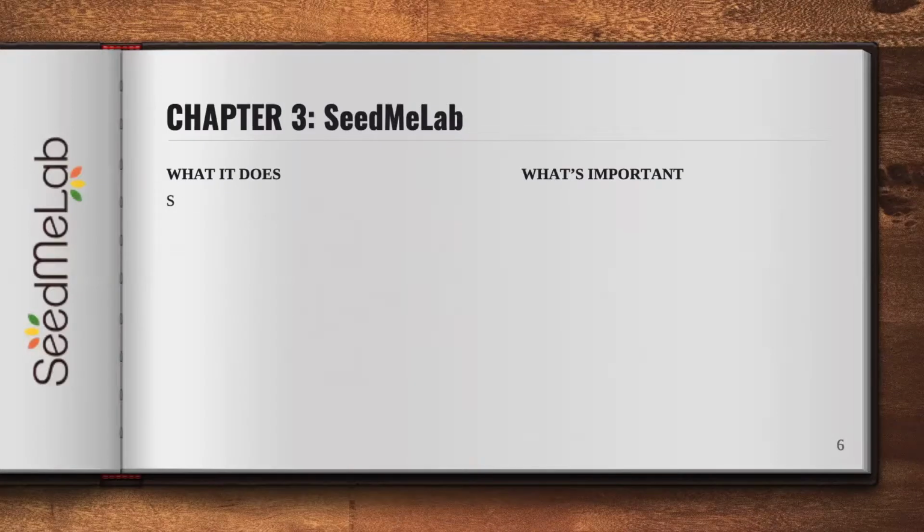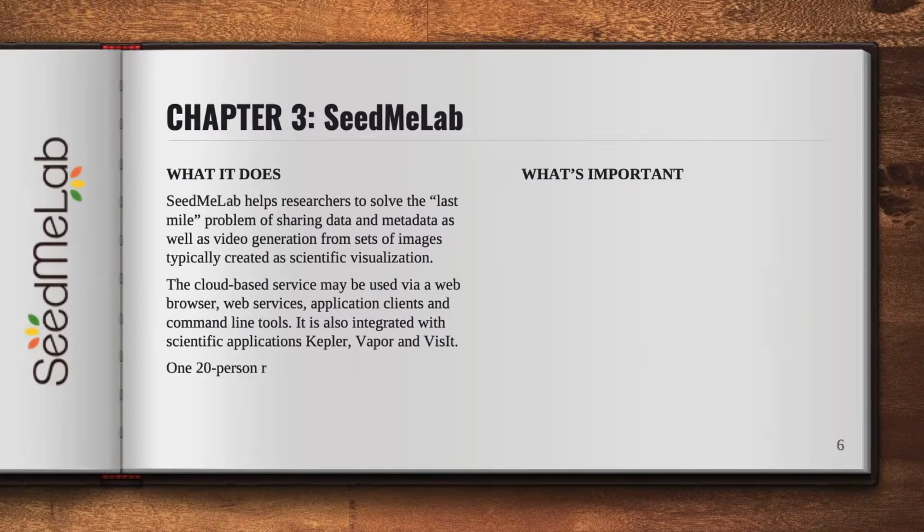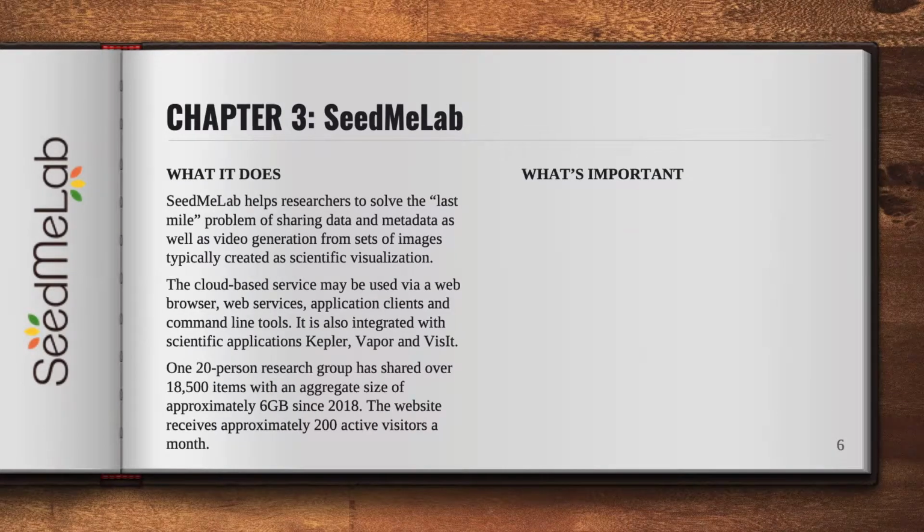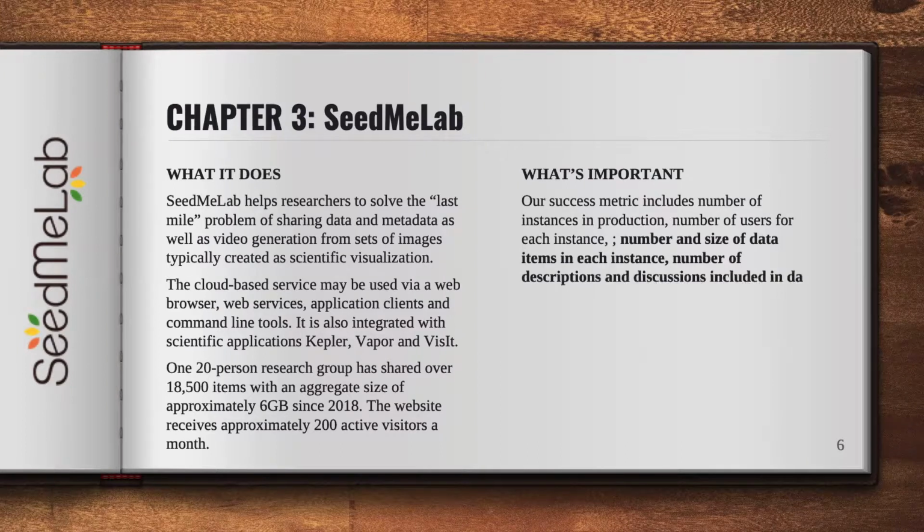SeedMe is a more data-related gateway and helps researchers solve the last mile problem in sharing data and metadata. What you'll see in their metrics of success are not just the numbers of users, but the size of the data items and the way users are able to collaborate.